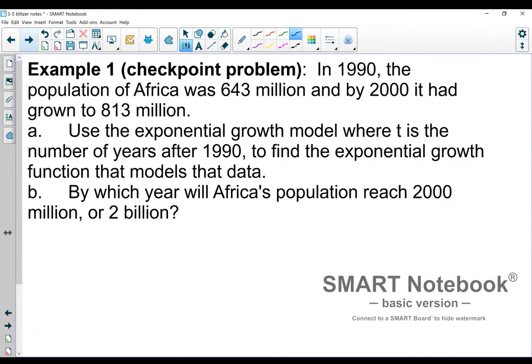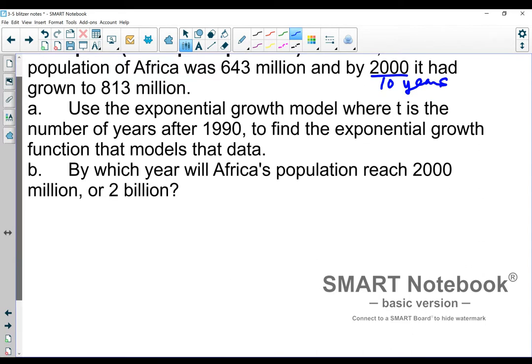In 1990, the population of Africa was 643 million. By 2000, so again, let's think about what's going on. This is going to be 10 years later. It had a population of 813 million. So if we're using that formula, and we can use either one, I prefer Pe^(rt) on my own, but most of the time it freaks students out if we write a formula down and then change it on the next page.